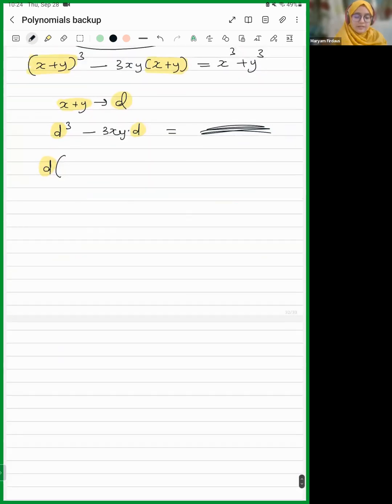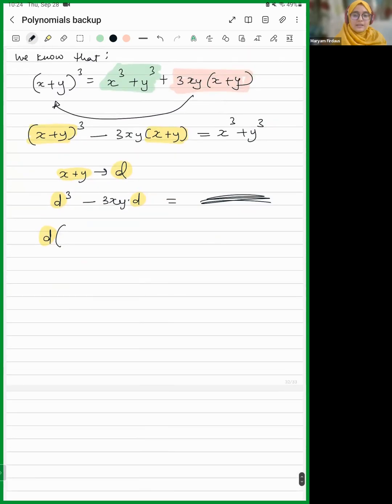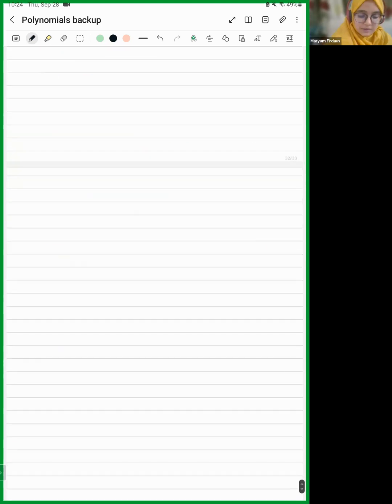I'm saying that we are taking d as common. What does that mean? See, if you have something like ax square minus ay square, you take a as common. That means, imagine that ax square and ay square are just lying over there. You take a as common from both of them. That means just take it out from both of those terms. You have taken it out, so a comes here.